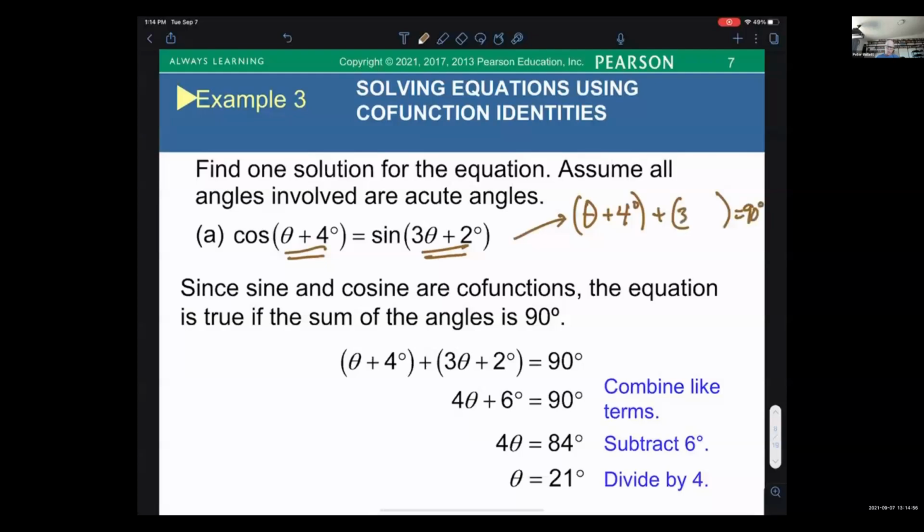And the second angle was 3 theta plus 2. So that gives me a little equation that I can solve by knowing that this angle and this angle have to total 90 degrees. Then I can write an equation saying they add up to 90 and I can solve. And I would get 4 theta, well, they're going to solve it here.